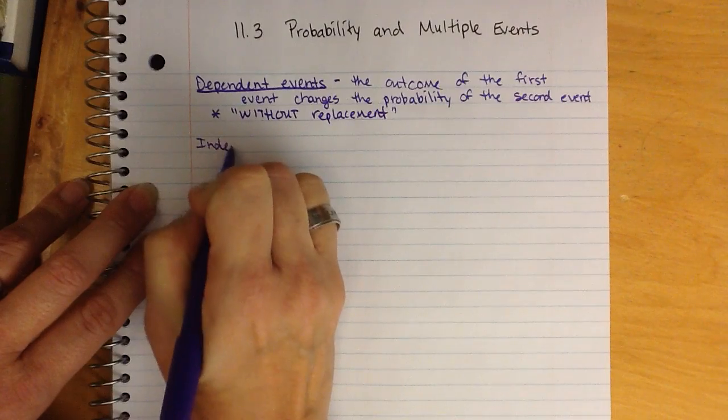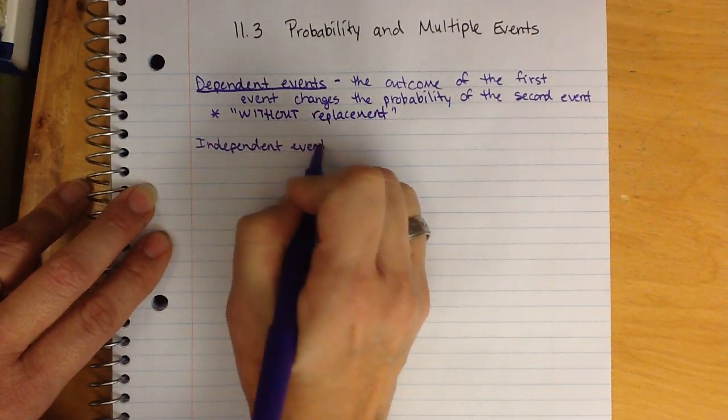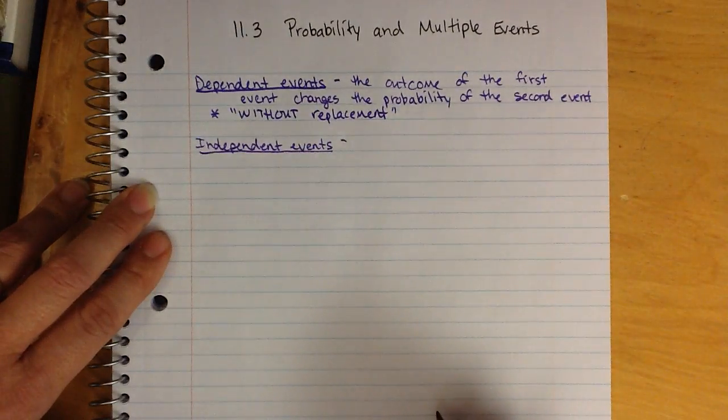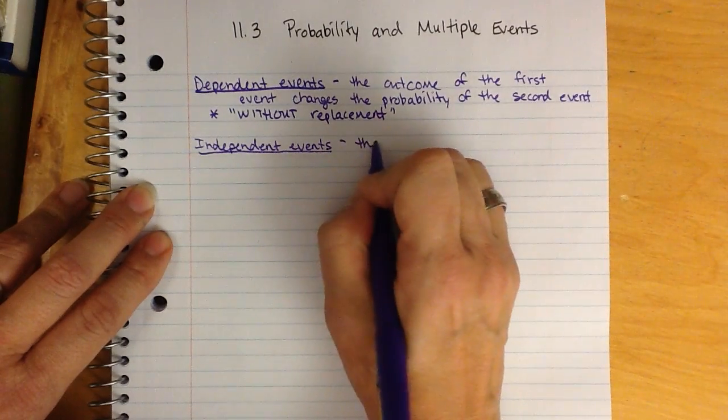Versus independent events, where the outcome of the first event has no impact on the probability of the second event.